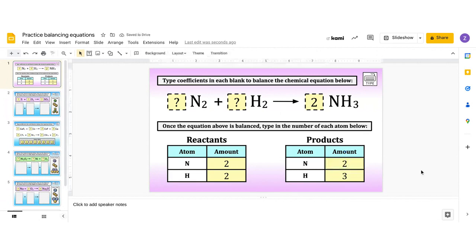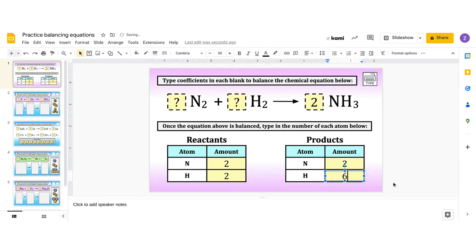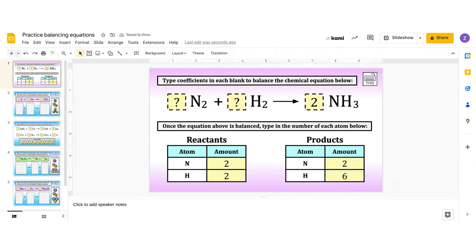And then the hydrogens, what are we going to put there? It's not 3 anymore. It's going to be what? 2 times 3, six. Yep. Okay, so now we're fine with the nitrogen, right? But not fine on the reactant side with the hydrogen.